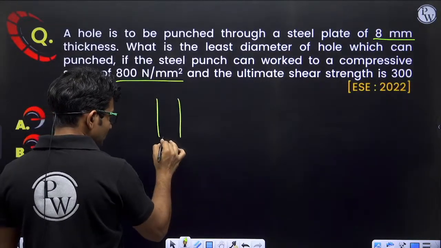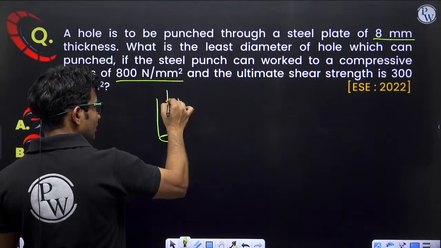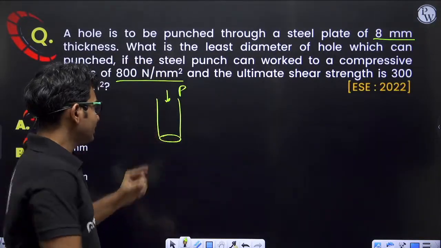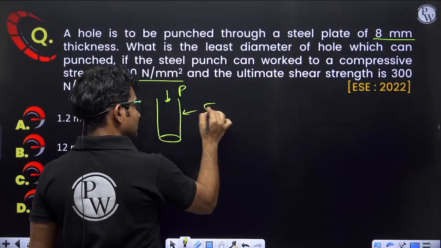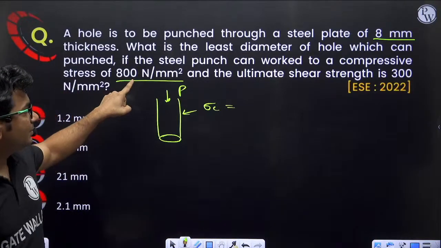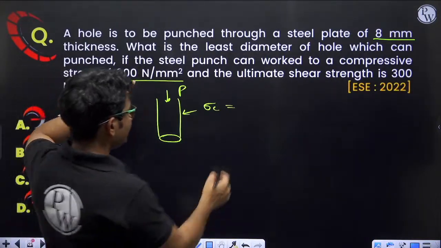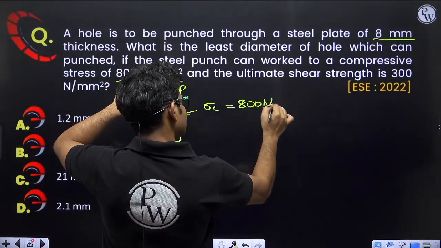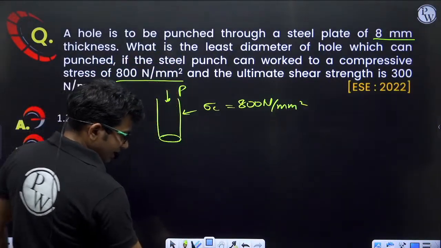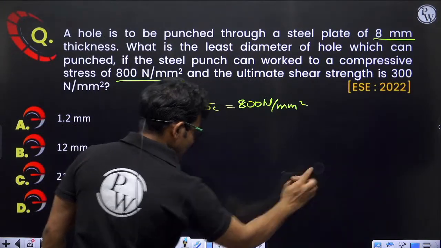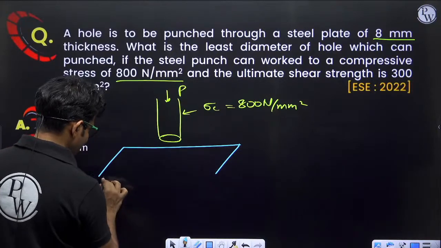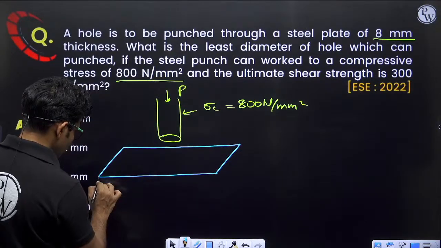So this is the steel punch. Here we will apply some force, and corresponding to this force there is some compressive stress, sigma c. The maximum permissible compressive stress is 800 Newton per mm square. Here is my steel plate, and in this steel plate I need to punch a hole.